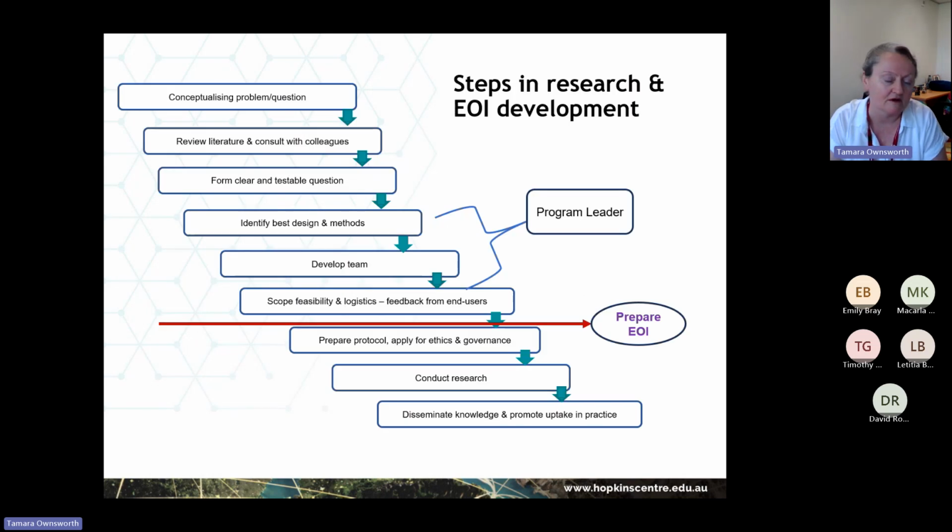Okay, so here are what I've conceptualised as the steps of research, and then thought about where the EOI would fit in here. So all phases of research, I go through this all the time in terms of conceptualising a problem or a question that I would like to answer. I then look to see whether somebody else has answered it for me. So conducting a literature review, also talking to colleagues.